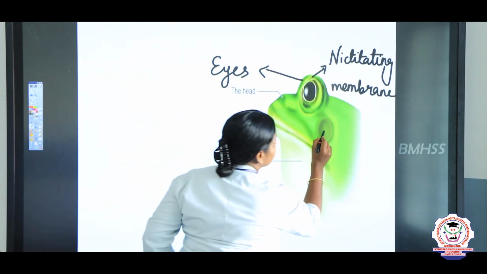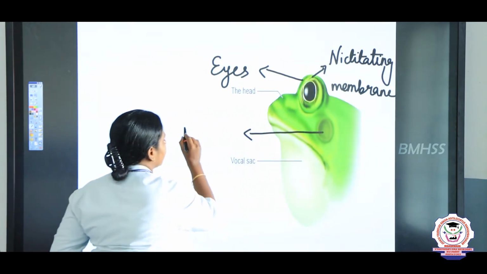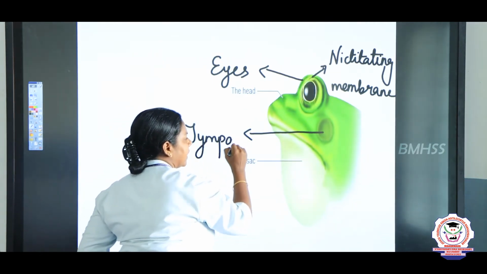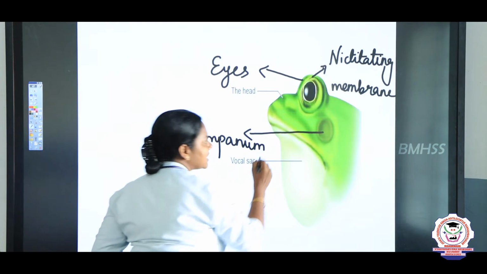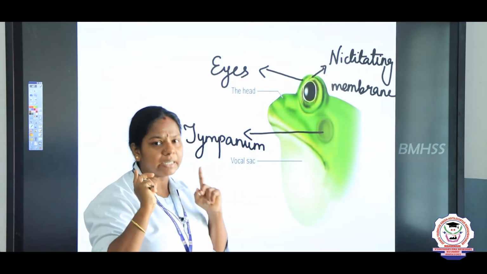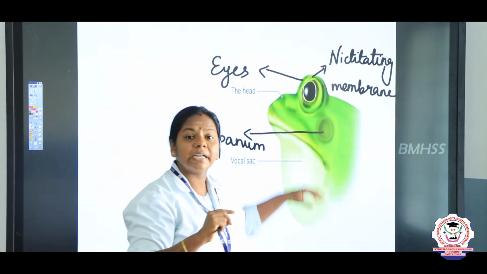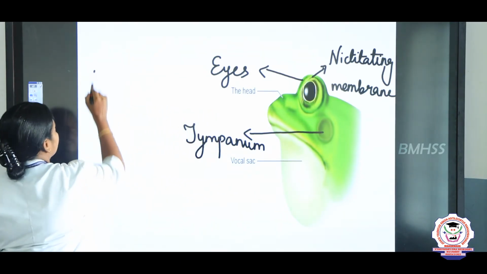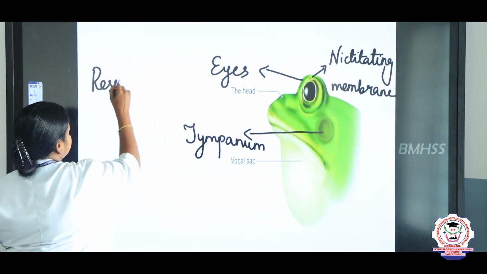And this is the tympanum. In us we call it the human ear, but in amphibians we call it the tympanum, one on either side, and it is responsible for hearing.